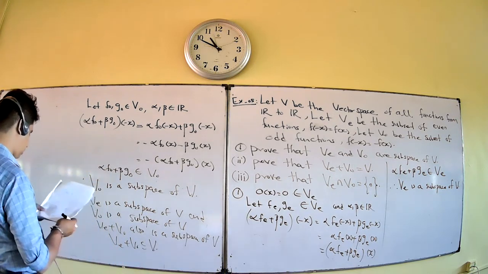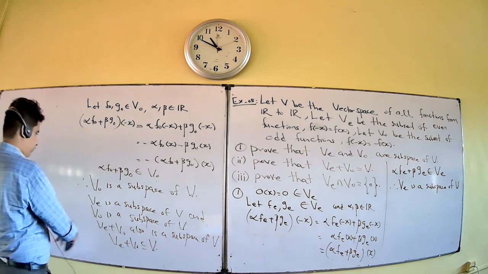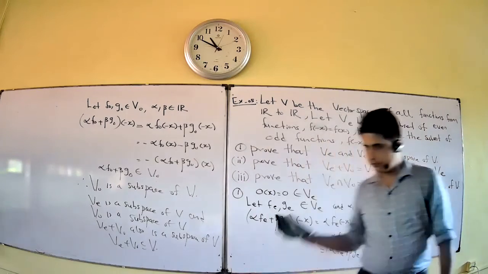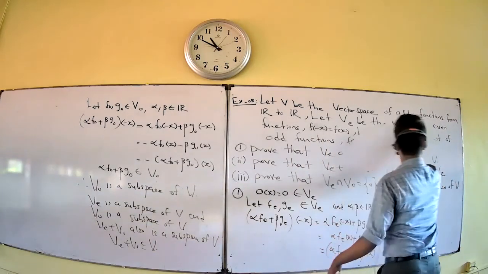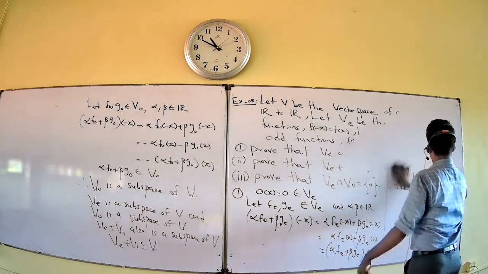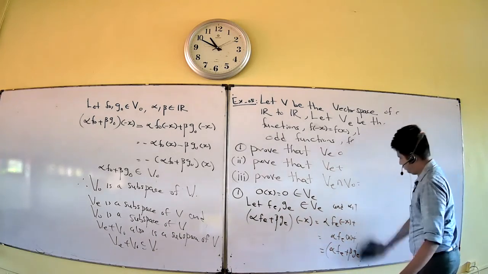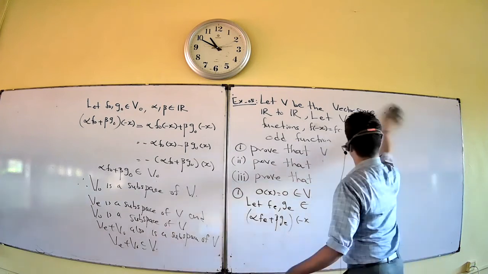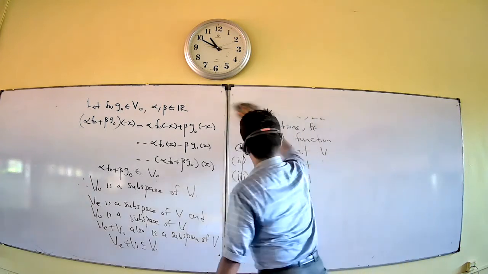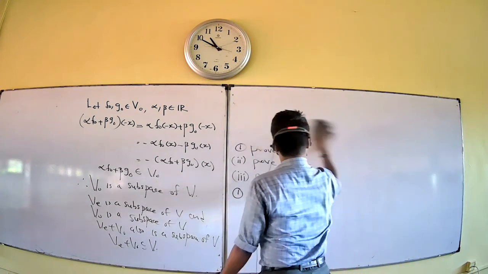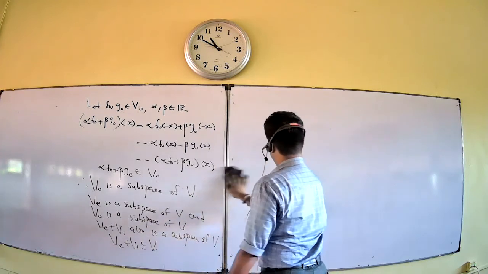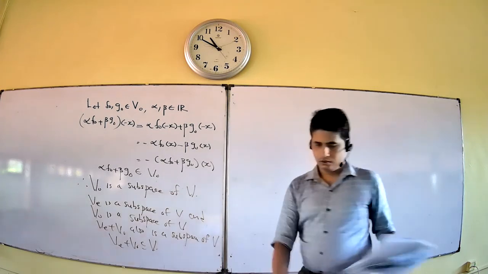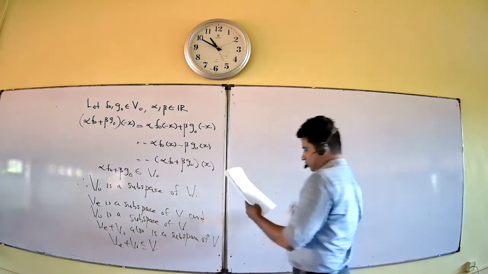Okay. Now you want to show that V is a subset of V_E + V_0.